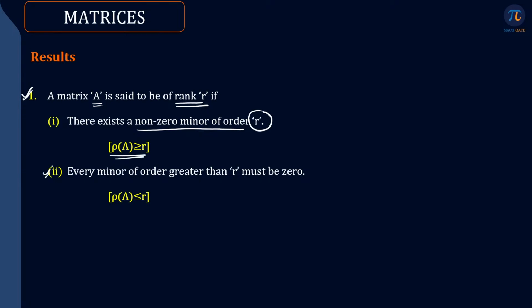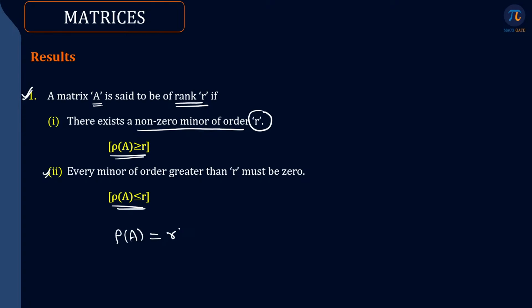And every minor of order greater than R is 0. So after that all the minors are 0 means what? Rank can be either R or less than that. So from these two, what can you combine? If you combine these two, rank A can be equal to R.